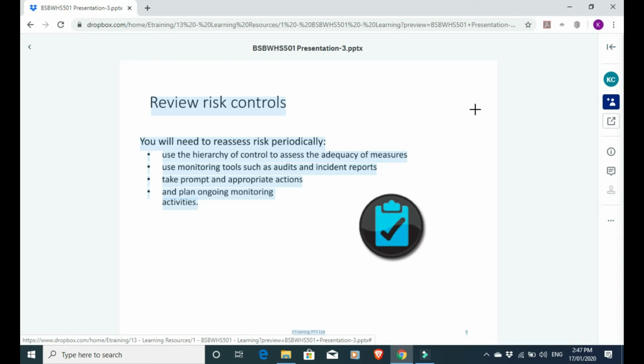So your risk controls, some of them need to be assessed periodically. And in order to take prompt action, there is planning that is constantly ongoing in organizations regarding risk. There is new technology coming on the marketplace regularly that helps you keep your workplaces safe.